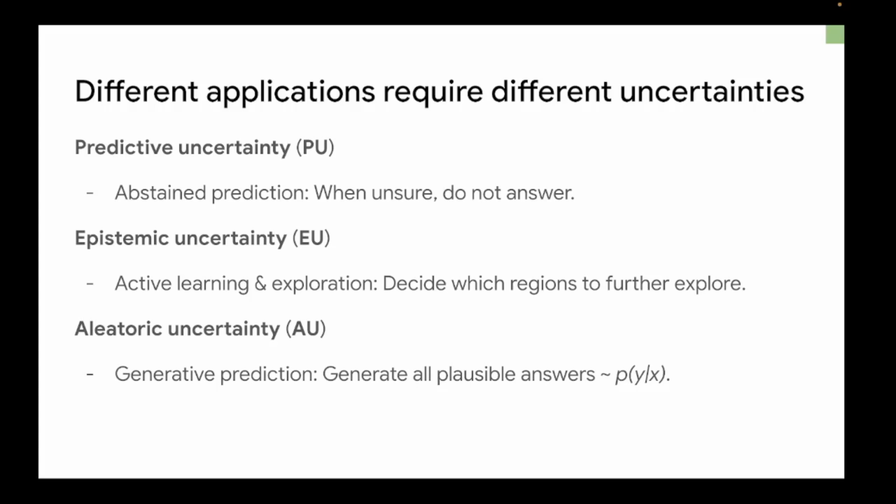In some cases, like in the inpainting problem, you do not only wish to have an estimate of how uncertain you are about the generation, but you sometimes want to come up with different plausible answers for the problem. And for that, aleatoric uncertainty is potentially useful.